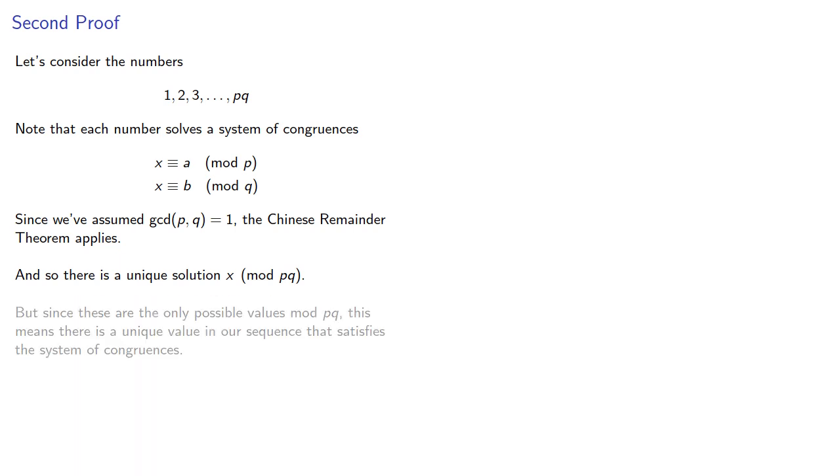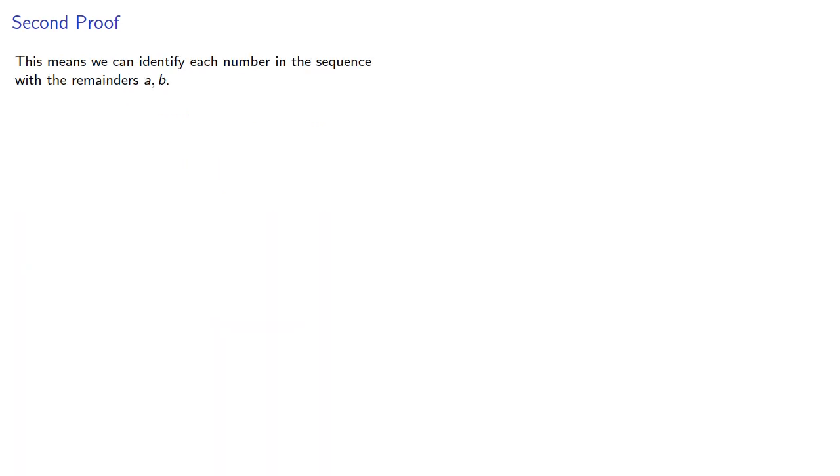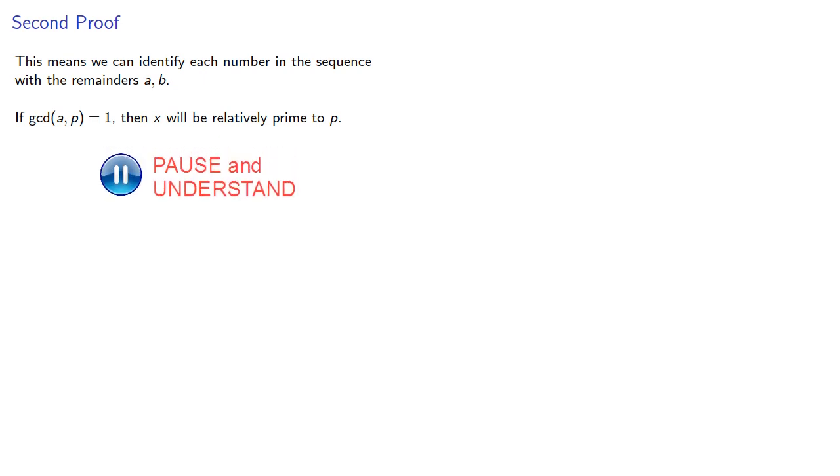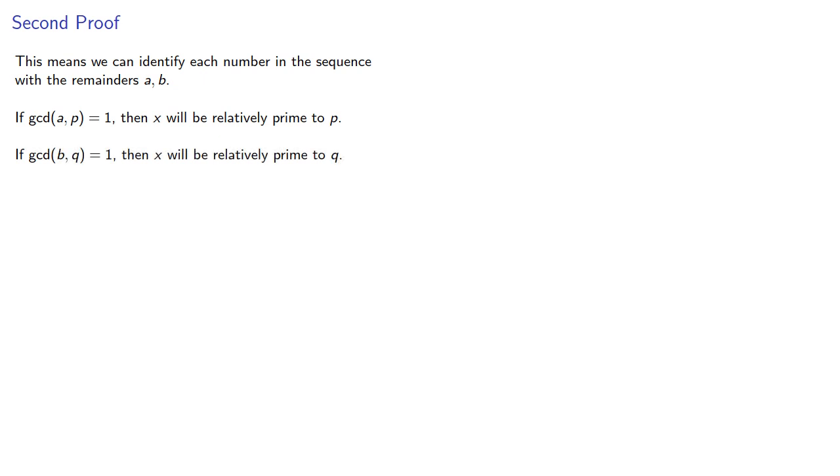But since these are the only values mod pq, this means there is a unique value in our sequence that satisfies the system of congruences. This means we can identify each number in the sequence with the remainders a and b. So if the greatest common divisor of a and p is 1, then x will be relatively prime to p. If the greatest common divisor of b and q is 1, then x will be relatively prime to q.